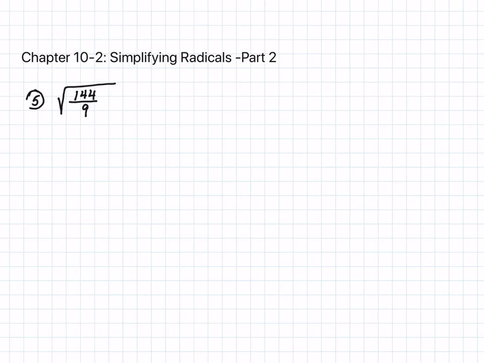Before we do something about it, here's another rule, what we call the division property of square roots. If you have a fraction like that, you are allowed to split it up and then take the square root.